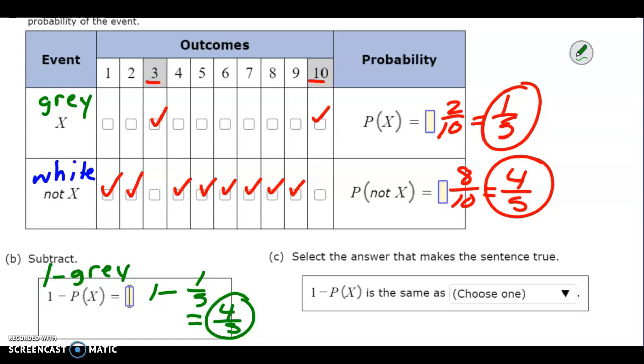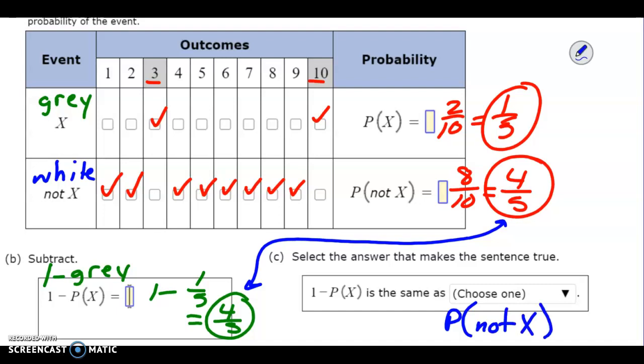So 1 minus the probability of X is the same as what? 1 minus the probability of X is the same as the probability of not X. So when there's two options like that, and you add the probabilities up, they're going to equal 1, right? Because all the possibilities of gray compared to all the possibilities of not gray, that's all the possibilities.